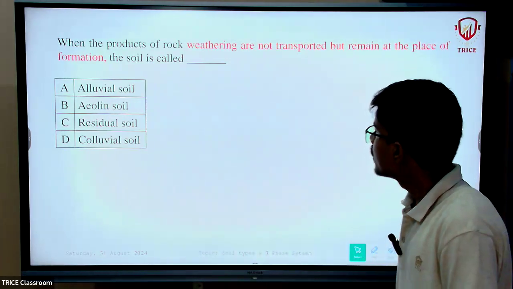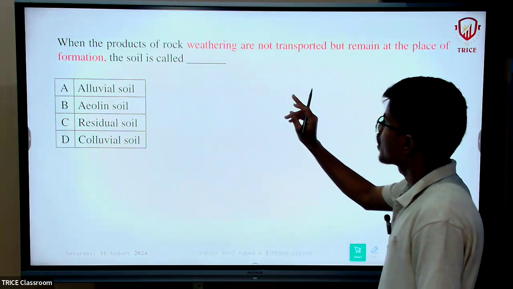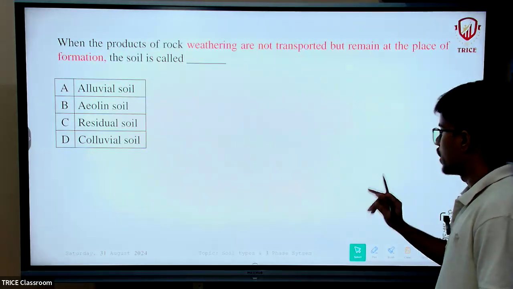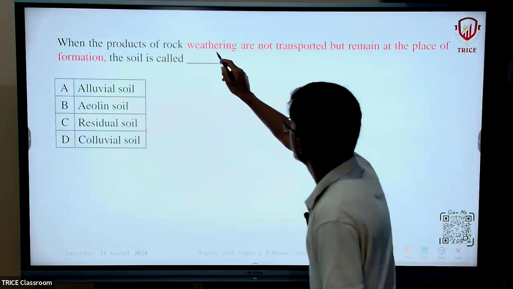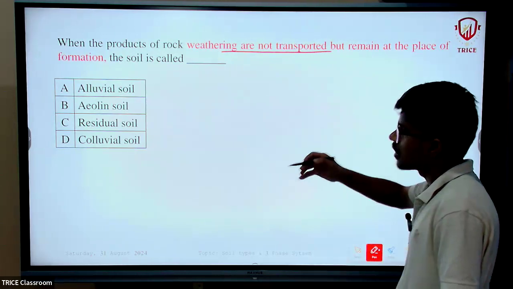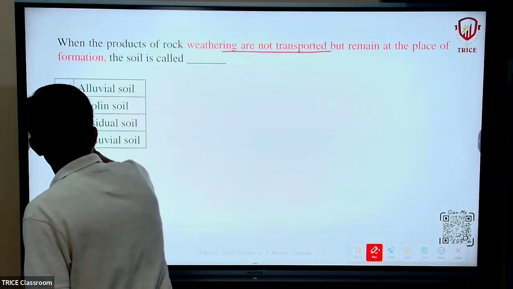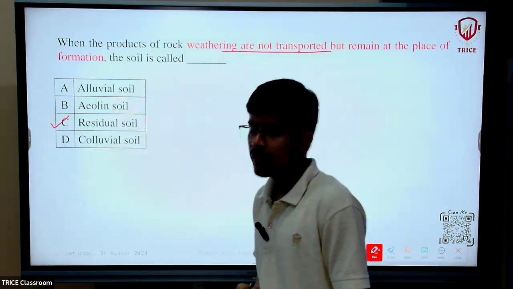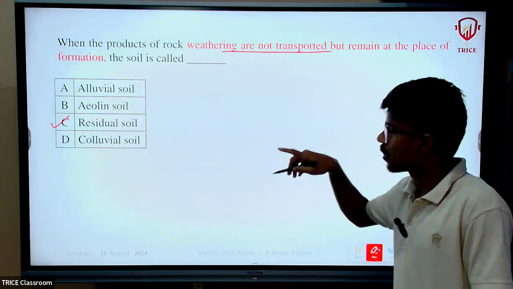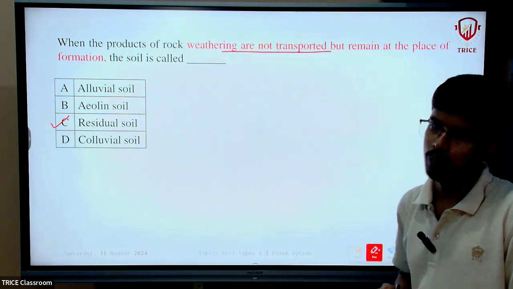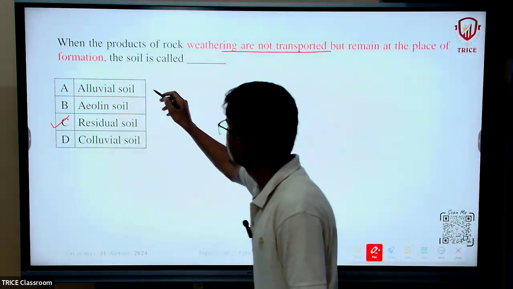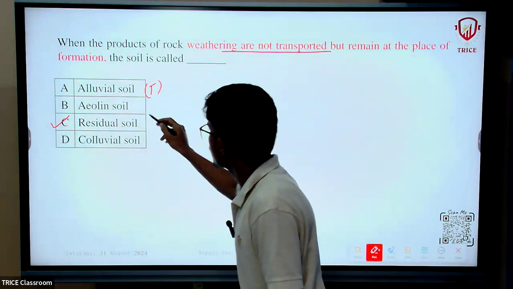When the products of rock weathering are not transported, meaning they remain at the place of their origin, we call them residual soils. Then the alluvial soils, eolian soils, and colluvial soils all come under the transported soils.